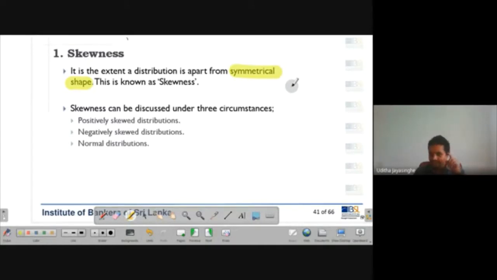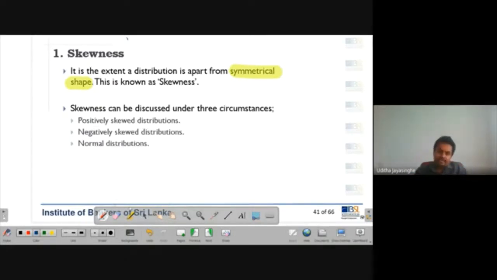But if it is deviating even the slightest, this is the perfect symmetrical shape, and if this is what we are looking at in the blue color, now this is the instance that we are going to discuss under skewness. So students, skewness is nothing but whether a distribution departs from symmetry.